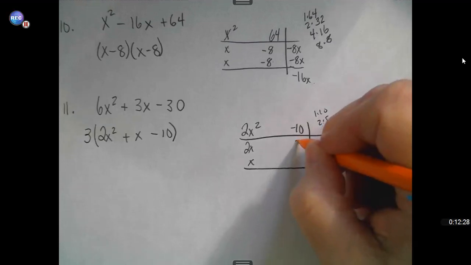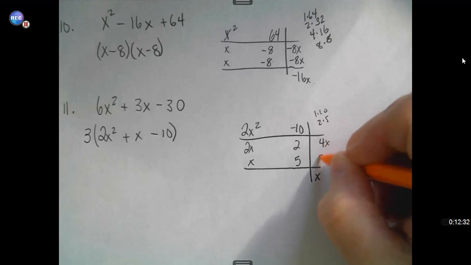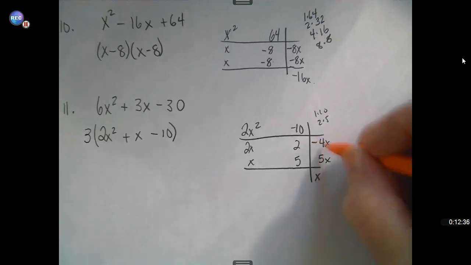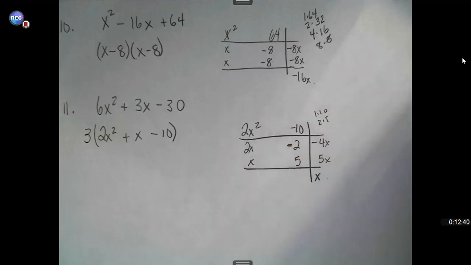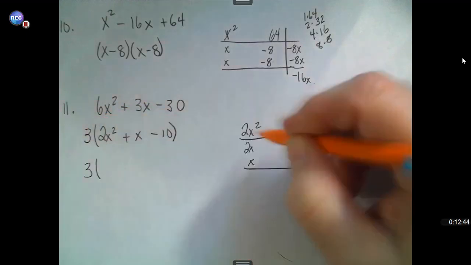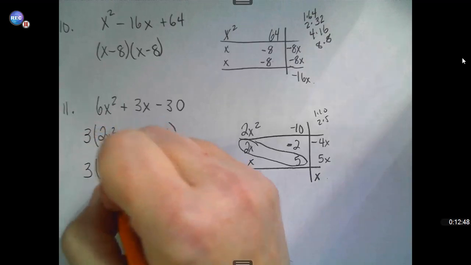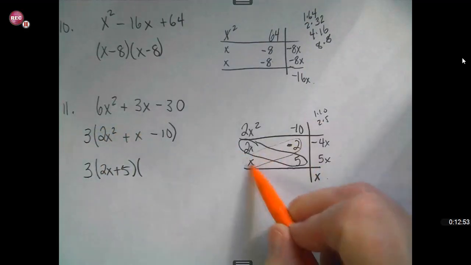And I think the 2 needs to go here and the 5 here. That gives me 4x and 5x. And if the 4 is negative, then that would make positive 1x, which is what I want. So this is negative. So it's 3 times the quantity 2x plus 5 times the quantity x minus 2.